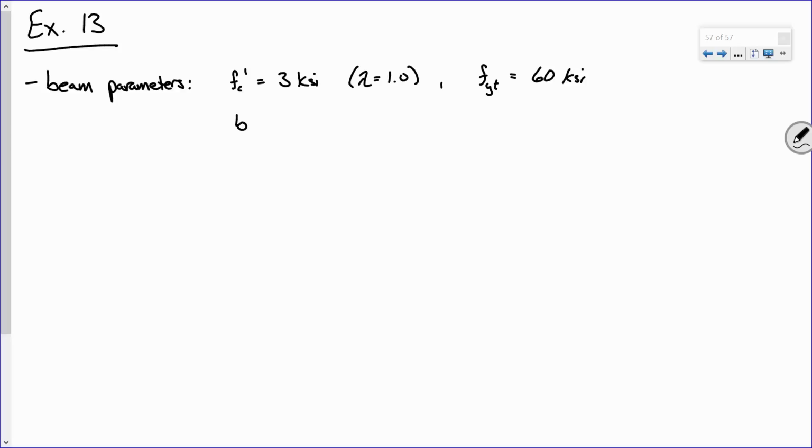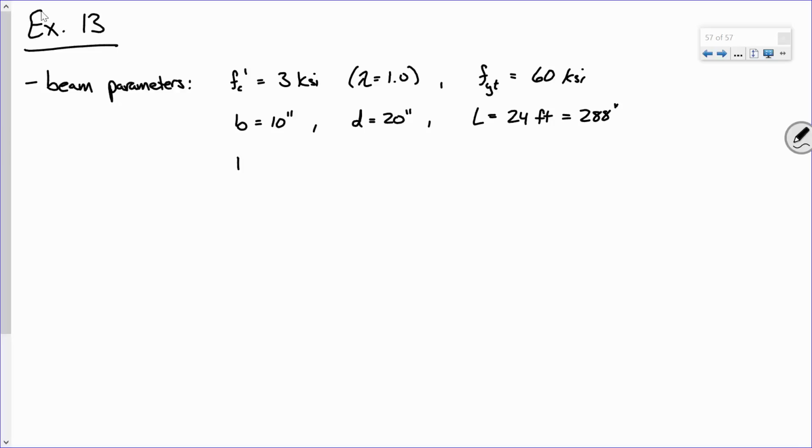For the beam dimensions, we have b is 10 inches, 20 inches for d. And the length is 24 feet or 288 inches.